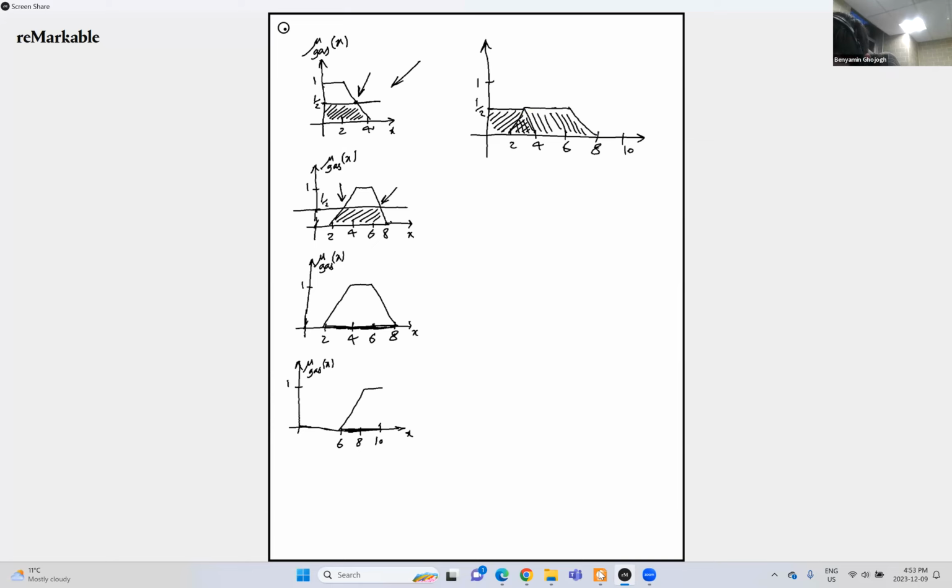So you tell me, what is the equation of this line? Let me think. Y minus 0 equals the slope times x minus 4. And the slope is 0 minus 1 over 4 minus 2.